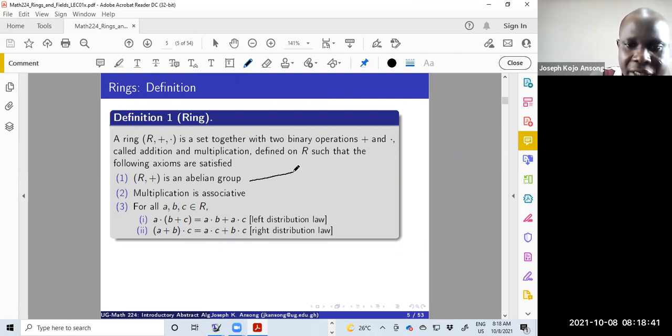Because to say that it is an abelian group means that, number one, you have associativity with regard to addition.